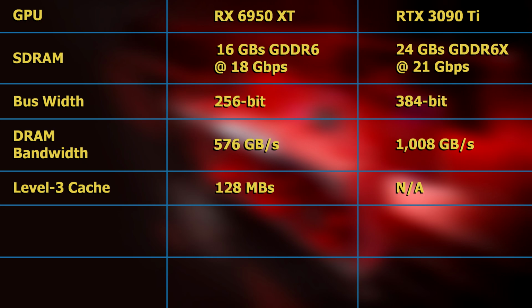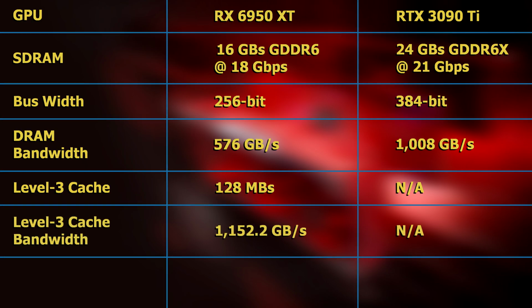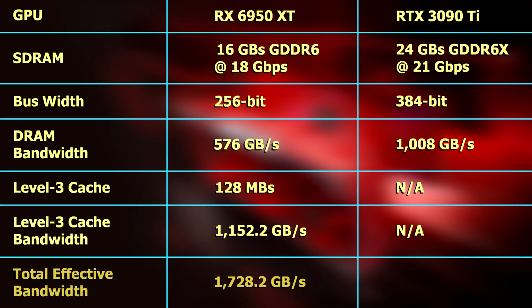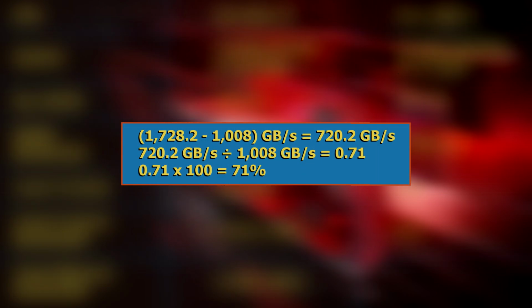According to AMD, the bandwidth of the RX 6950 XT's 128 megabytes of Infinity Cache is 1,152.2 gigabytes per second. Hence, when combined with the bandwidth of the GPU's SDRAM, the total effective bandwidth of the GPU is 1,728.2 gigabytes per second. This value is 71% greater than the lonesome bandwidth of the RTX 3090 Ti's SDRAM.